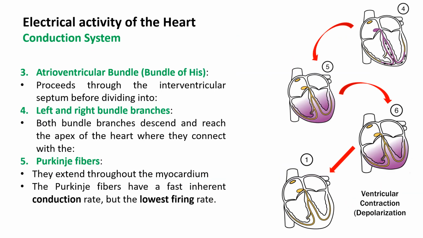Once the AV node is stimulated, notice that the atrial contraction already passed, then the AV node continues with this structure that I have here. It is called the AV bundle, so atrioventricular bundle. It's what continues after.